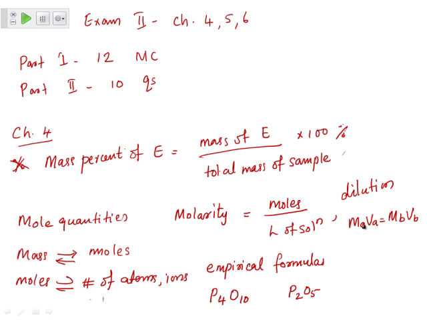Doesn't matter which way you write it. So molarity times volume before and molarity and volume after. Remember, there are 4 variables in there and I will give you 3 of them. So you substitute the 3 of them and solve for the 4th.